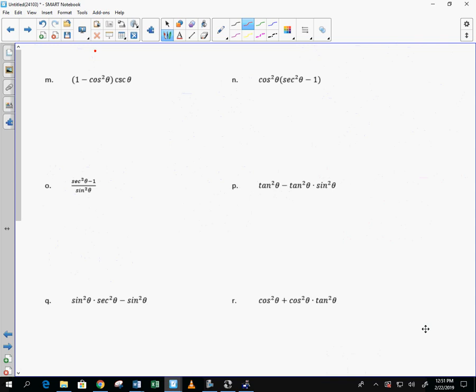Okay, here we go. Letter M, what do we do? Exactly. Everybody wants to distribute right away, but it's the wrong thing to do. This is a level 2 problem. It causes you to recognize something, folks.